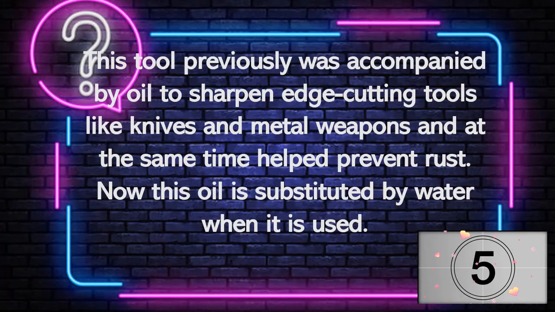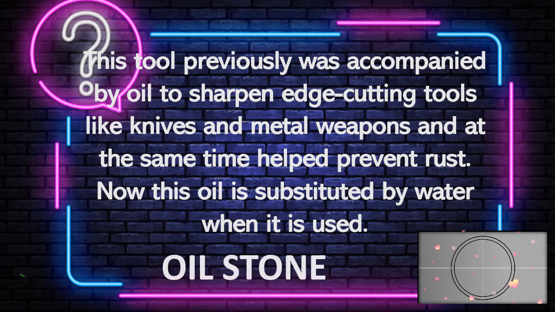This tool previously was accompanied by oil to sharpen edge-cutting tools like knives and metal weapons, and at the same time help prevent rust. Now, this oil is substituted by water when it is used. You got it right!